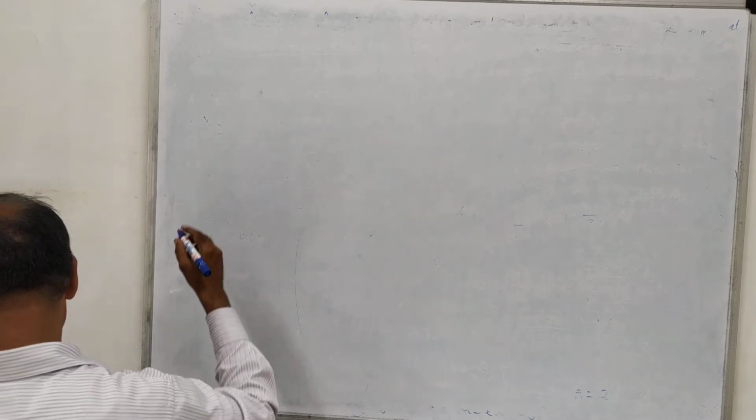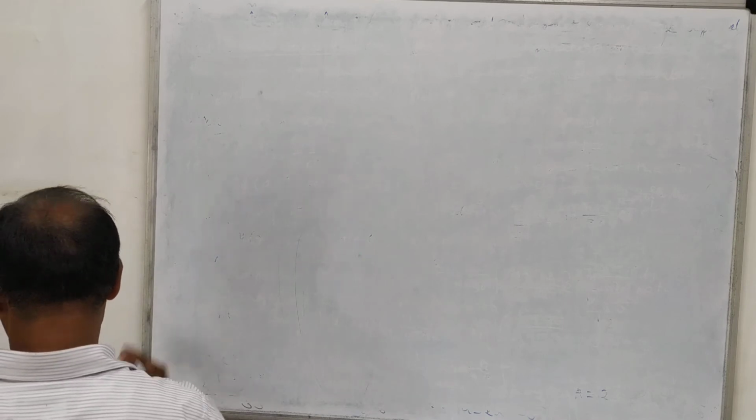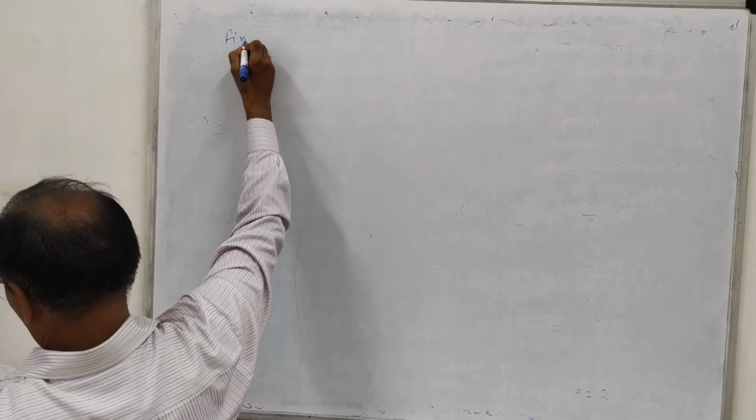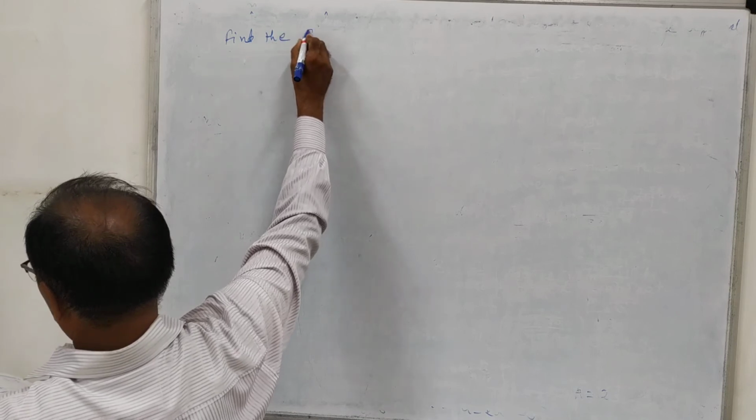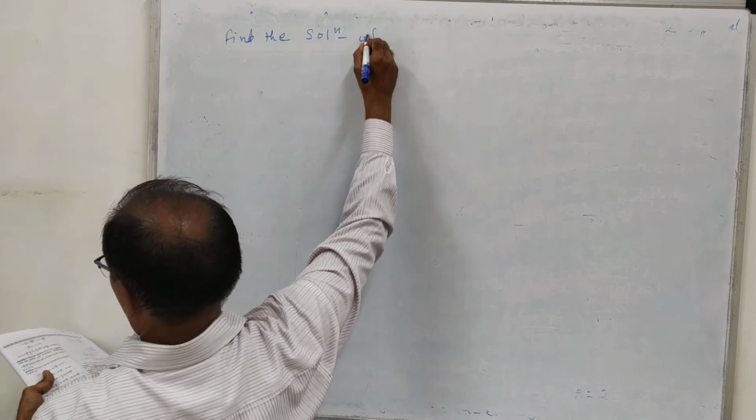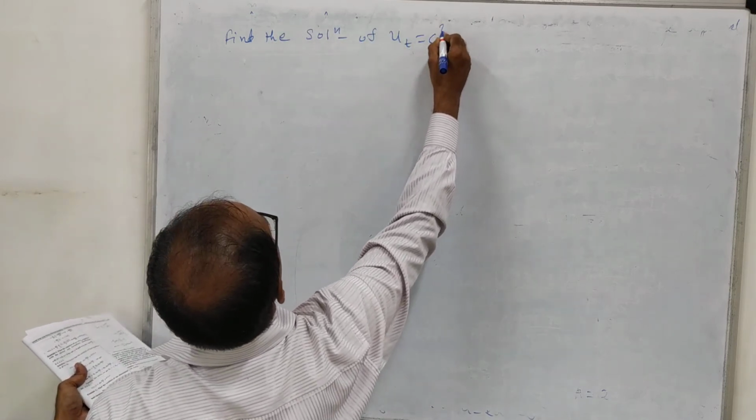Find the solution of ut equal to c square uxx.